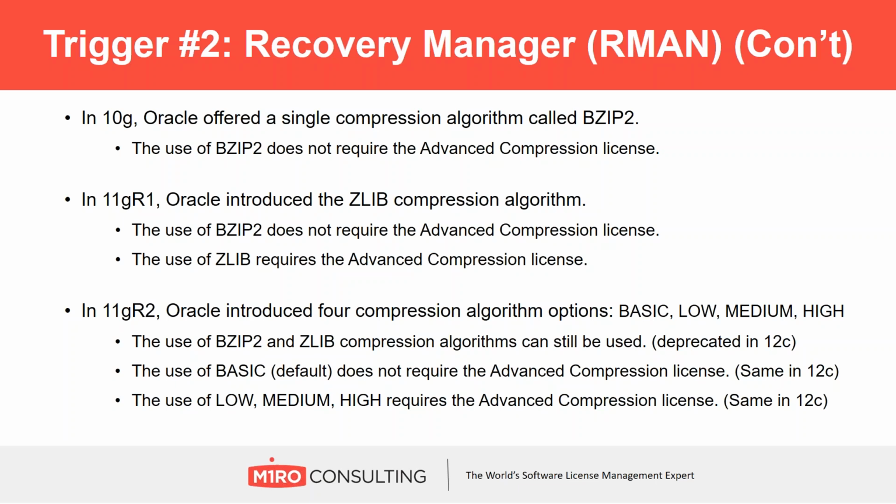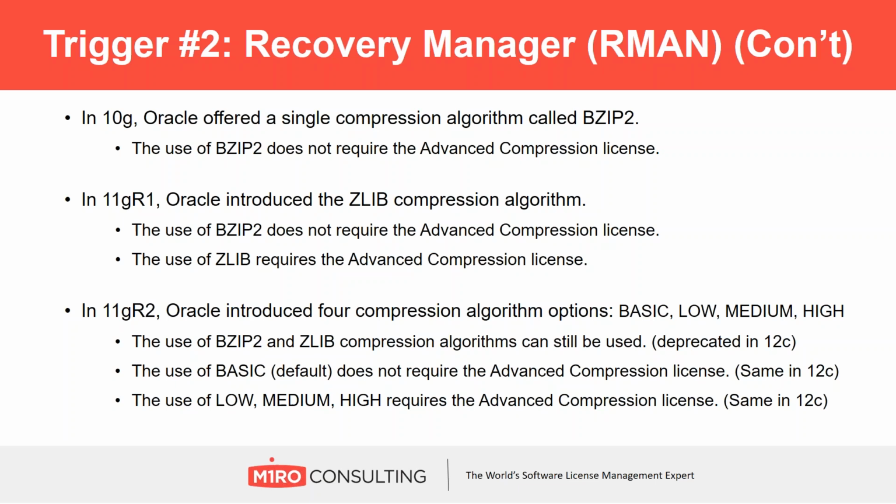In 11g R2, Oracle decided to change the names and simplify it, and came up with 4 new compression algorithm options, which are BASIC, LOW, MEDIUM, and HIGH. At the time of 11g R2, you could still use BZIP2 and ZLIB. Again, BZIP2 did not require the license, and ZLIB does.